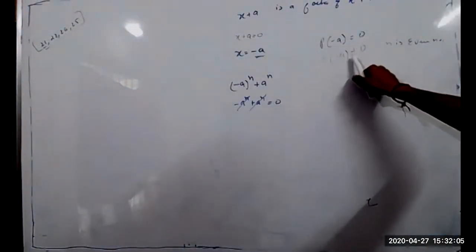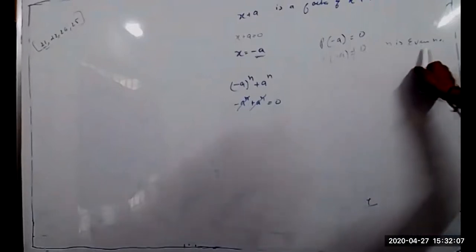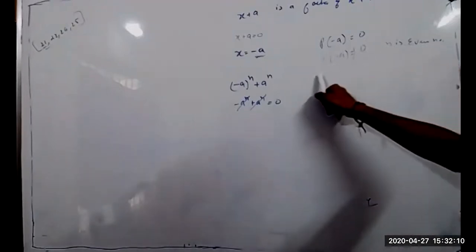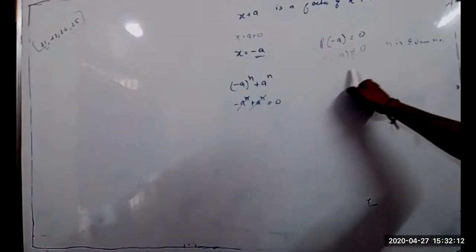Aditya said p of minus a is not equal to 0 when n is an even number. Right, Aditya? Sir, yes, sir. Correct. So for this question, why is it not equal to 0? If it is not equal to 0, then what is the value of p for n when n is an even number?